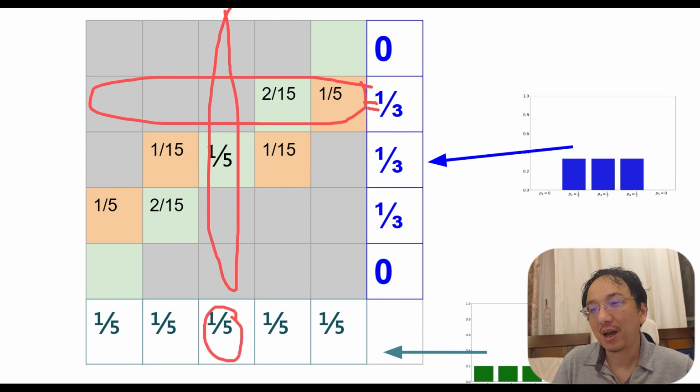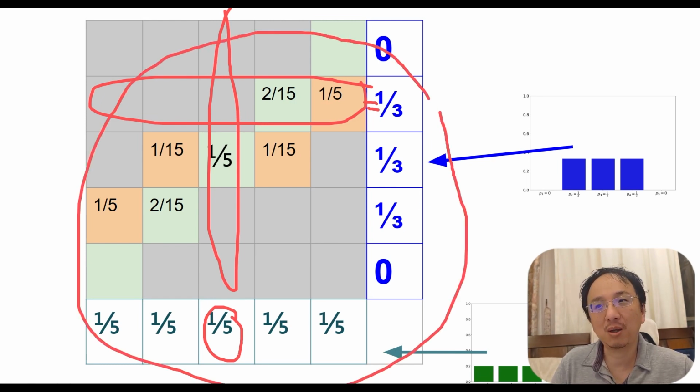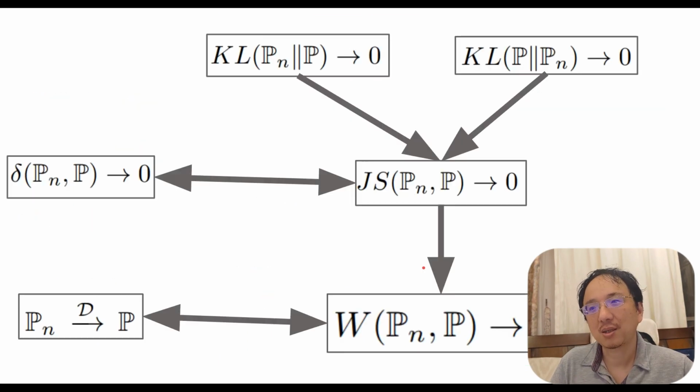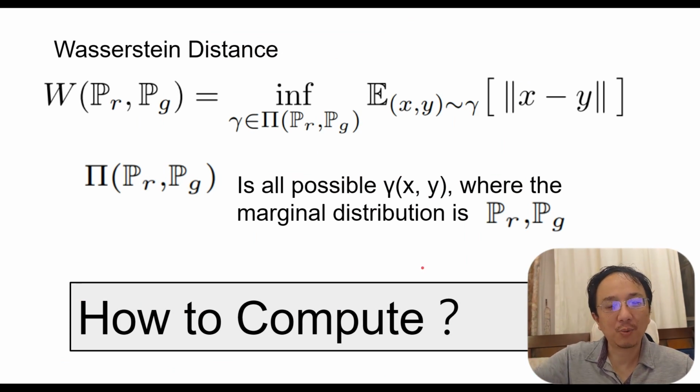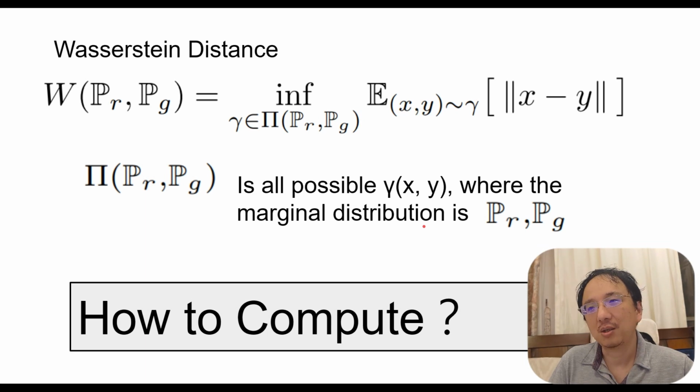And the objective is also in a linear form. So in fact, this can be considered a linear program. There's a duality theory, so we know this linear program has a dual linear program. The similar thing happens to Wasserstein distance, because you can consider Wasserstein distance as a continuous version of the linear programming problem that we just presented. So it also has a dual form.